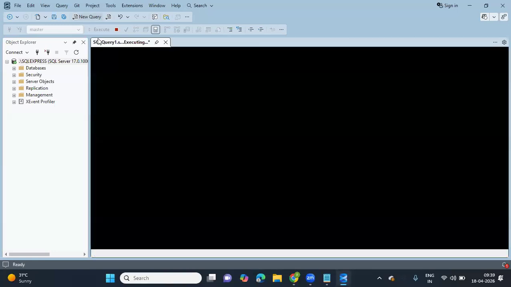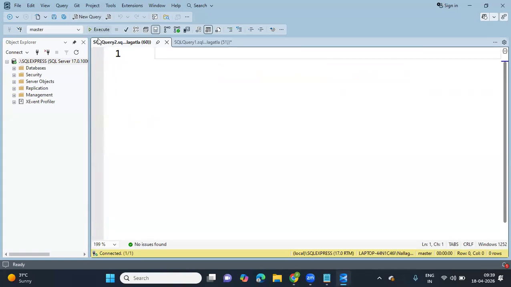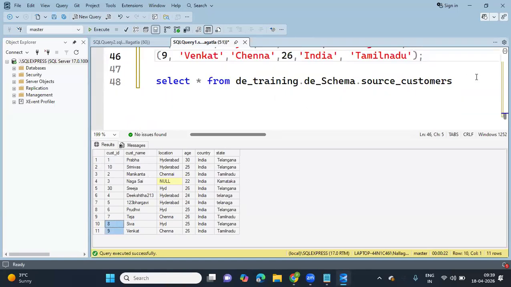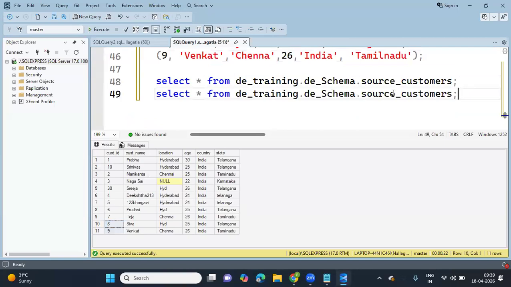Let me open a new query. Okay, we have got the data here. Now the source table has 11 rows and the target will have only 9 rows. Let's see. Target is having 9 rows.